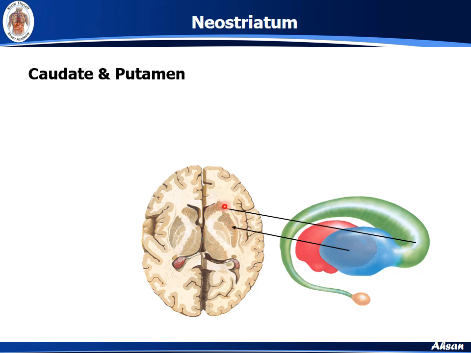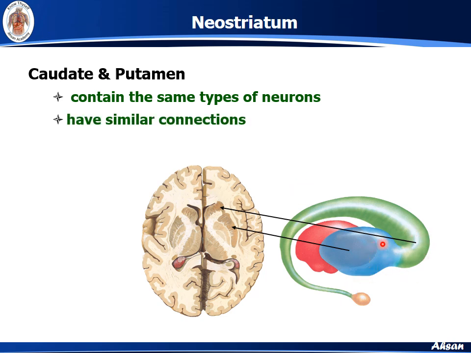These two together are known as the neostriatum. They are functionally very closely related and structurally also continuous. They contain similar types of neurons and have similar connections with different parts. Globus pallidus is relatively pale in color and remains inside the lentiform nucleus.